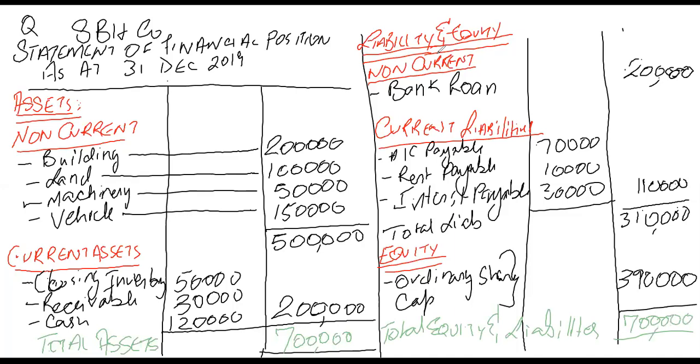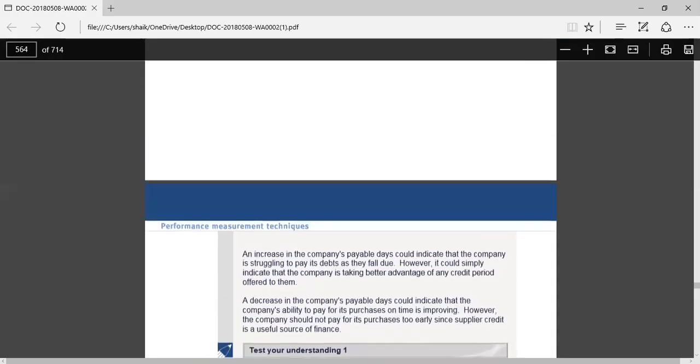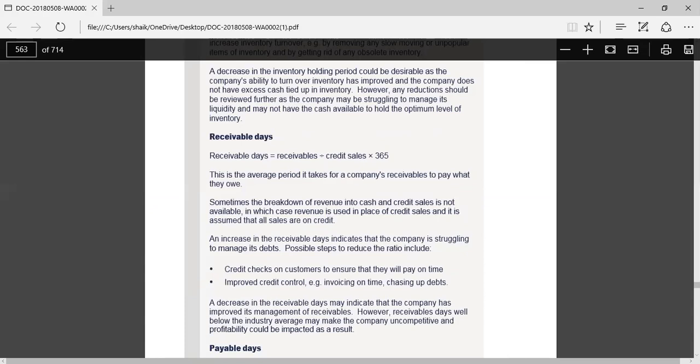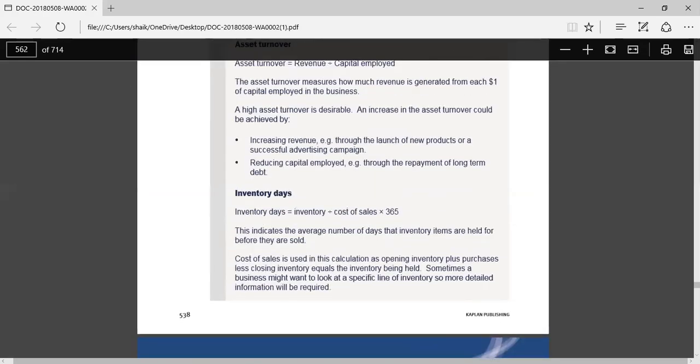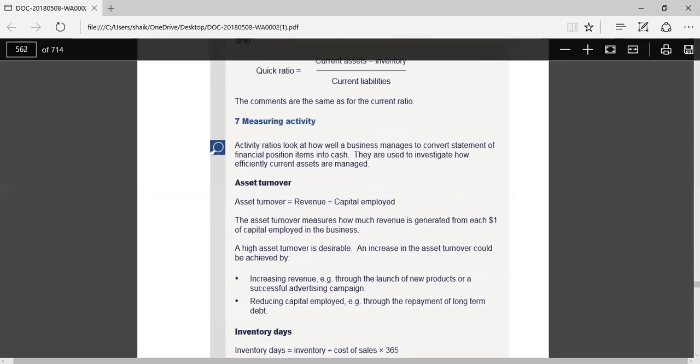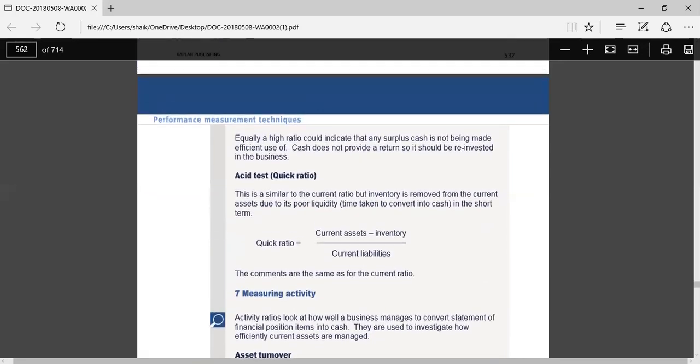This gives me a clear depiction that my total assets are equivalent to the total equity and liabilities. Together with this, in order to find out all different ratios, see, I'm just drafting a question on my own, so I need to be very close and very clear in this regard.